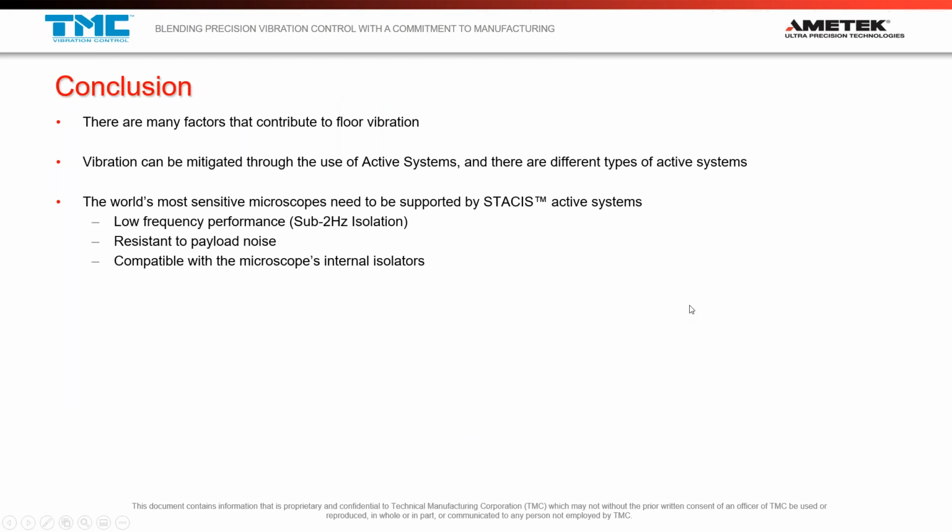So in conclusion, there's a lot of factors that contribute to floor vibration. It can be mitigated through the use of active systems, but you have to be careful which type of active system you use to solve what type of problem.